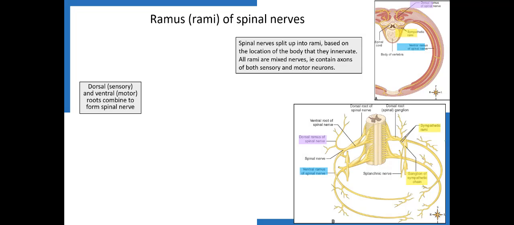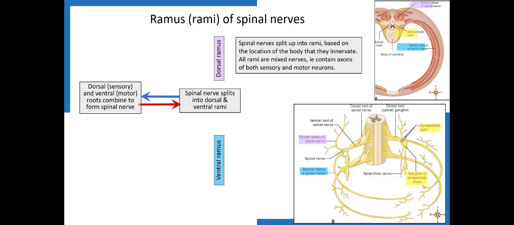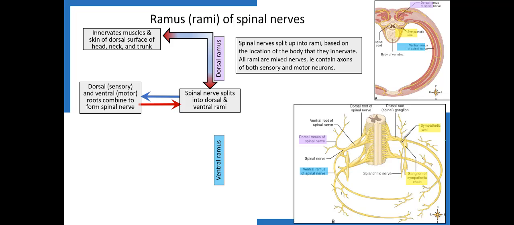When we get into the ramus, so as I said, the spinal nerve splits up into the dorsal and ventral rami. So you can see over here the dorsal rami, or ramuses, innervate everything behind the spinal cord, which includes muscles and skin of the dorsal surface of the head, neck, and trunk.